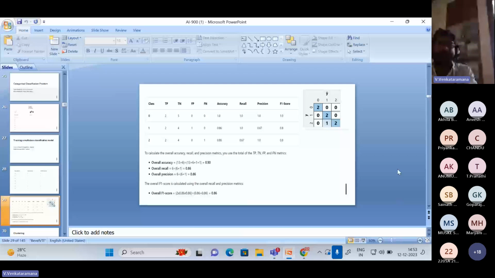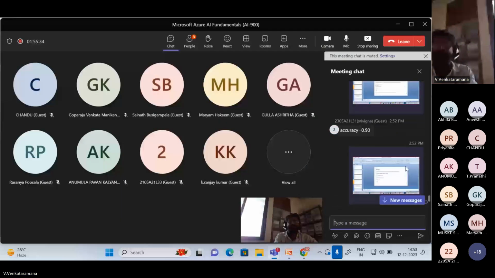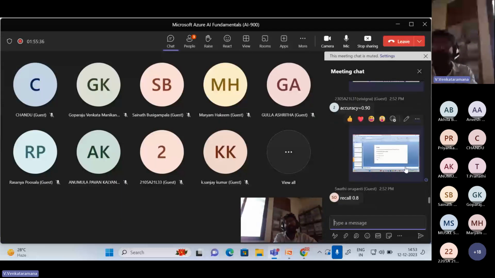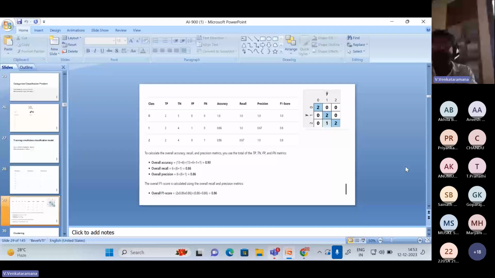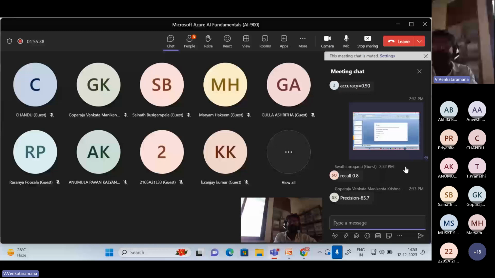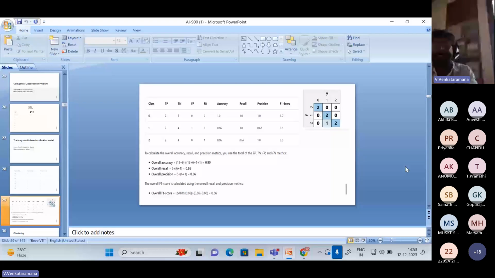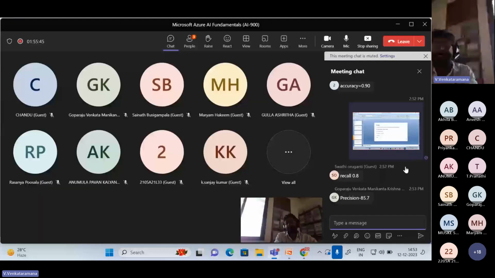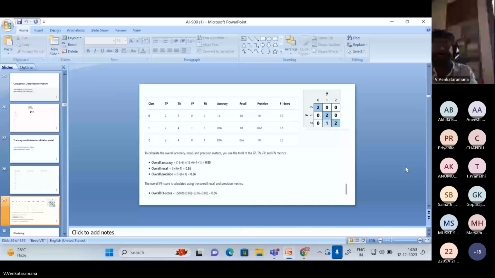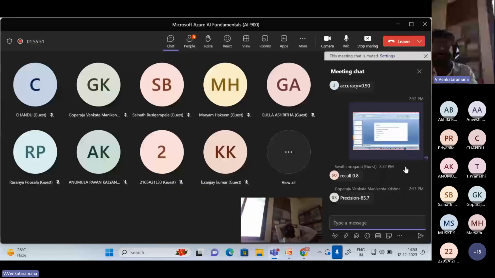What about the precision? Anyone? So recall 86%, that's right. Precision 85.7, right. It is 86. So Venkat, that is also right. 86%. Very good. Overall F1 score. Anyone? F1 score.